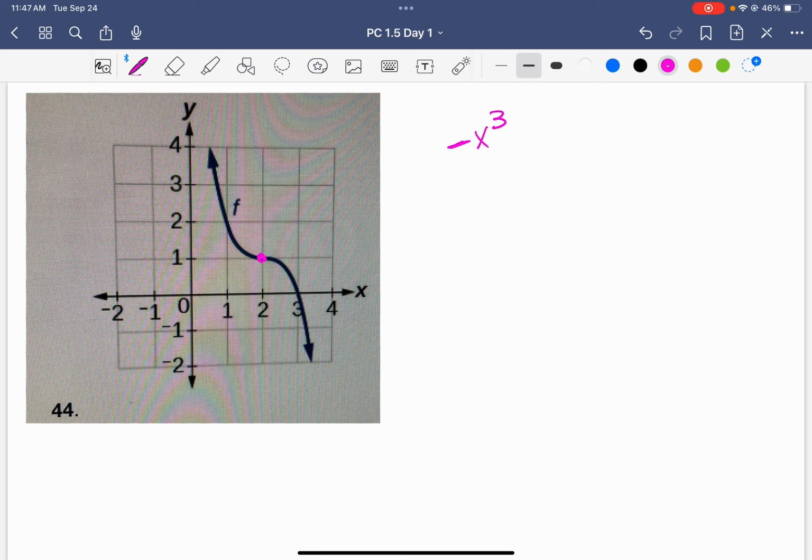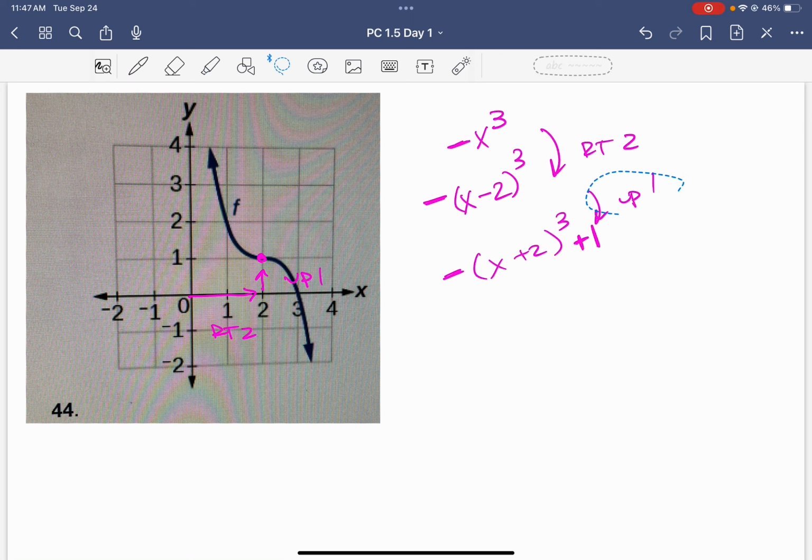But then the origin got moved over 2 and up 1. So it moved right 2 and up 1. If you move right 2, it would be x minus 2, because it does the opposite of what you think. And if we move up 1, then we would add 1 to all of the old y's. So that would be your function, the one shown in the figure.